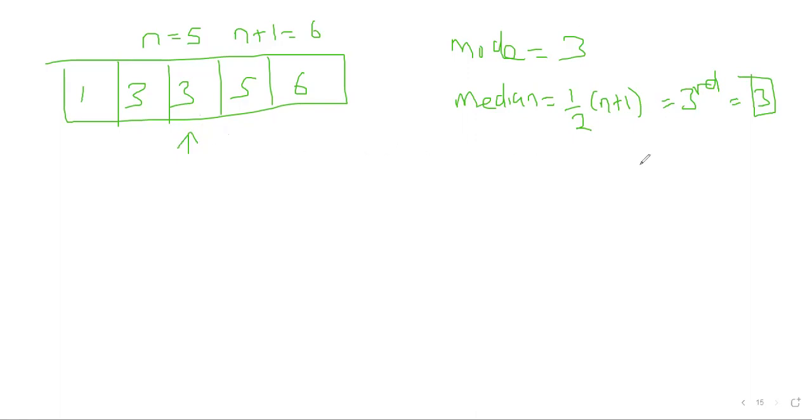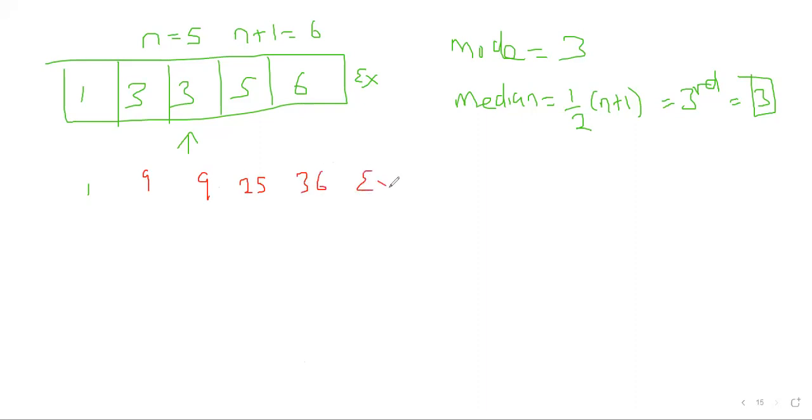Right, then we go to something else. The summation of x is when we add these numbers. Then when we square each one of these, we have what? 1 squared is 1. 3 squared, 9. 5 squared, 25. 6 squared, 36.